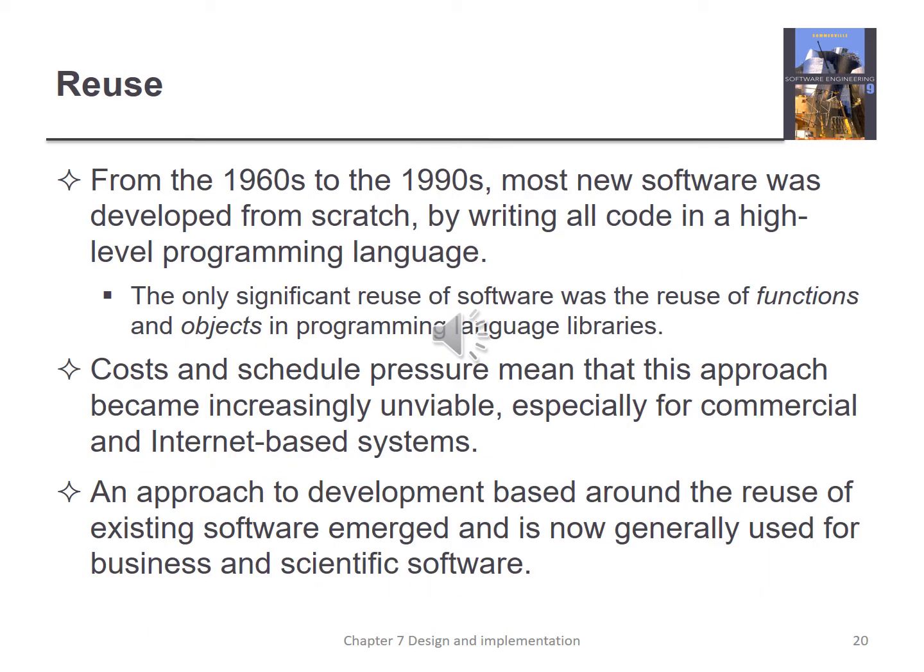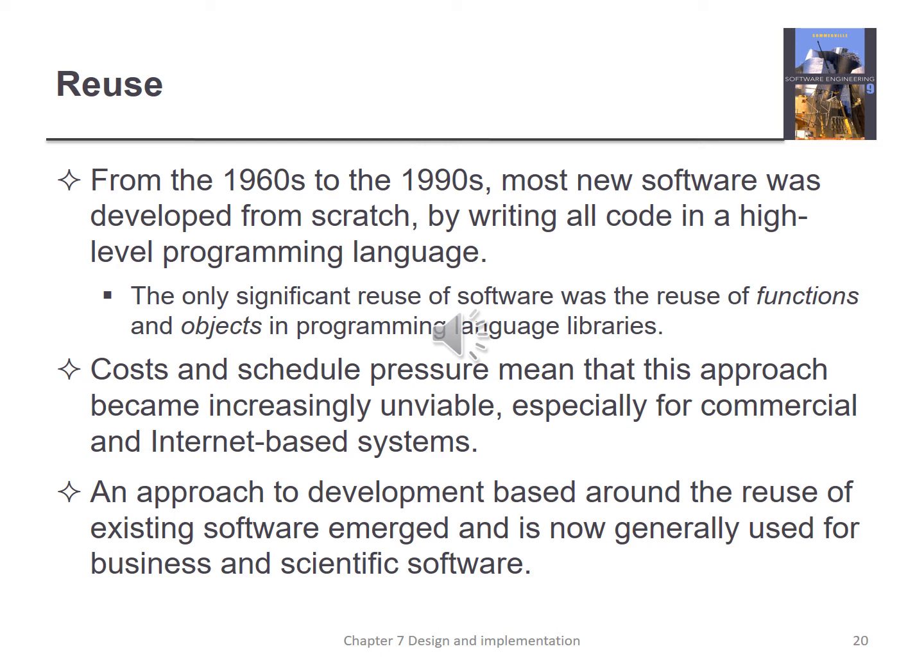Well, regarding reuse, from back in the 60s when we started programming languages, to the 90s, probably to the late 80s, most new software was developed from scratch, by writing all the code from scratch in a high-level programming language, starting from COBOL, PL/1, Fortran, C, C++, etc. The only significant reuse at that time was using subroutines, functions, or objects later on in object-oriented programming.